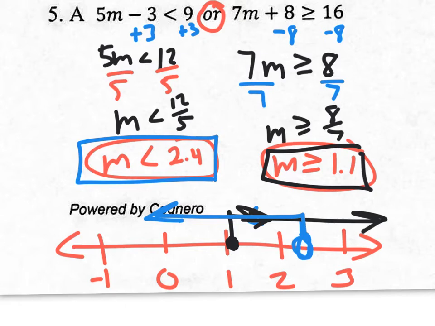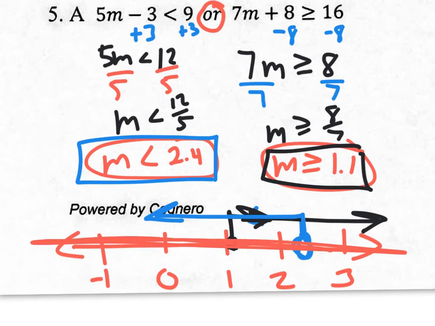So the word or in this case is that it could be the black one or the blue one. So in reality, on your graph, it's just going to show a darkened line going in both directions, representing all real numbers.